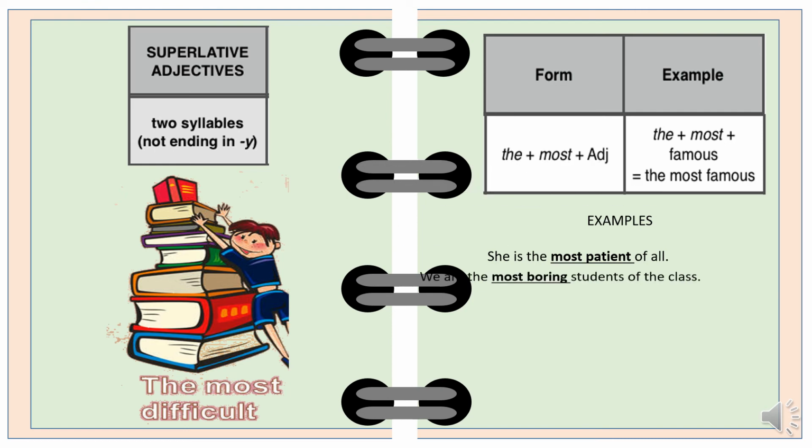Example number two. We are the most boring students of the class. Look, we use most boring. Boring doesn't end with y, so we have to write most. Okay? And that's what we're going to see in grammar this week.